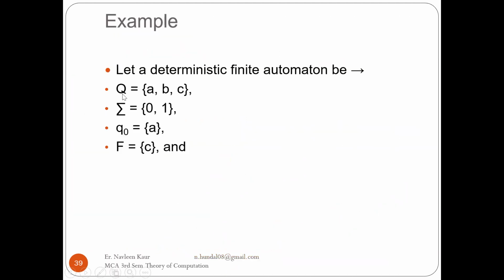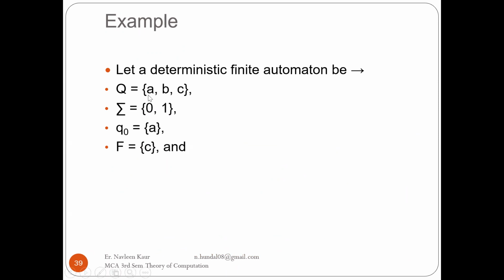You know that your deterministic finite automata is represented by symbols. First is Q, which means how many states it has. Previously I was representing states with Q0, Q1, Q2, but you can also represent your states with any other symbols.